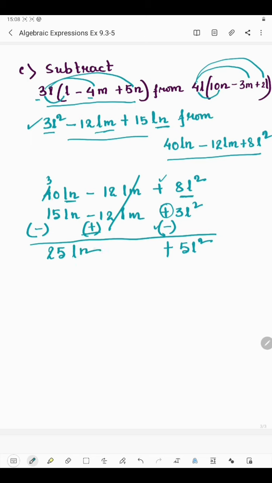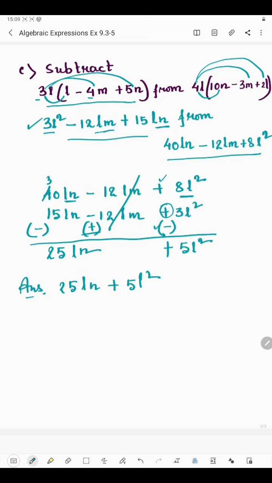And here 40 is greater and the sign of 40 is positive. So it will be plus 25. Okay, so the answer of the C part will be 25 ln plus 5 l square. Okay.